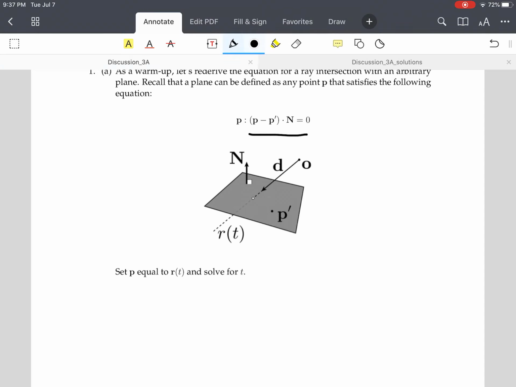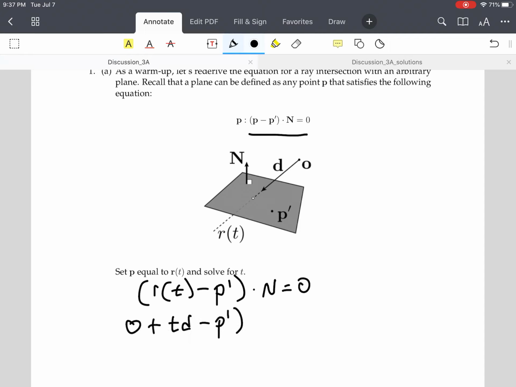Okay, so let's go ahead and do this. So we have P minus P prime, so I'm just going to put R of T minus P prime dot N is equal to 0. Okay, so let's go ahead and split this up. So O plus TD minus P prime dot N is equal to 0.